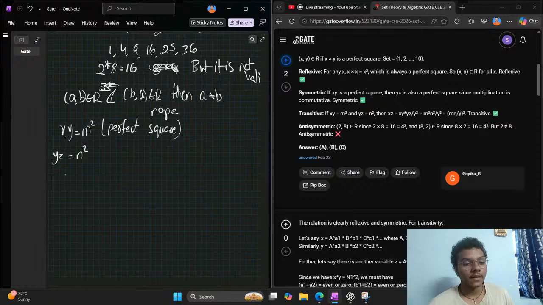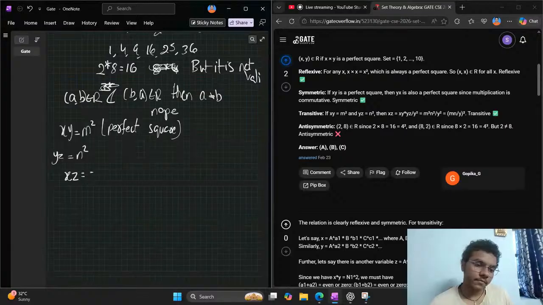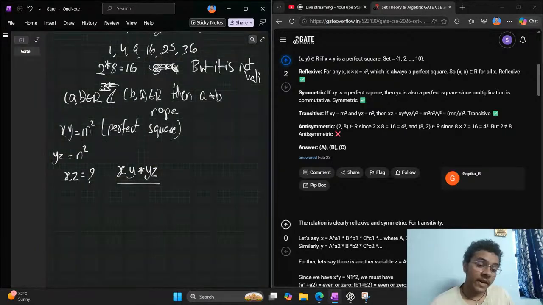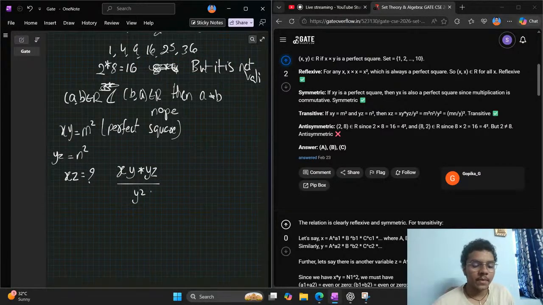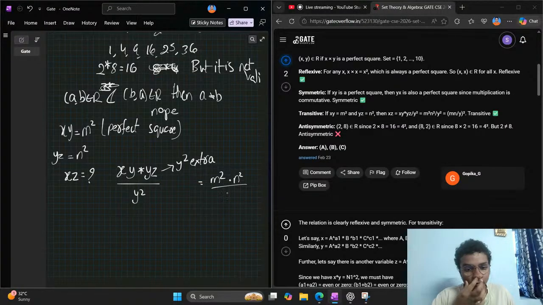Okay, and then xz is equal to question mark, right? xy times yz. You need xz, so you need to divide by y square extra. m square times n square by y square, so mn by y whole square.